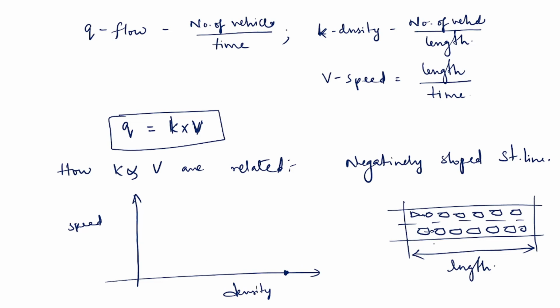That maximum density is called jam density. Traffic jam, when does it happen? When the number of vehicles is more in a particular length. That's why the density is called jam density, kj. When kj is there, the speed of the vehicle can ideally be zero.